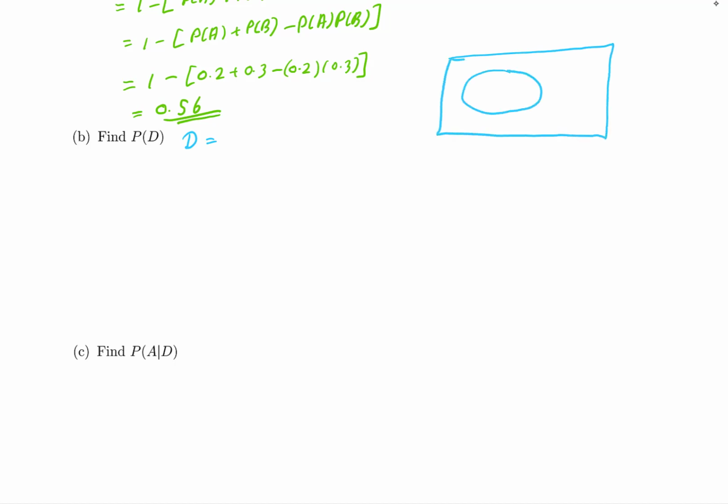This is A, this is B. Exactly one of A or B means this area, only A, and this area, only B. Therefore, these two are the two areas we need for D. So how do we write this?